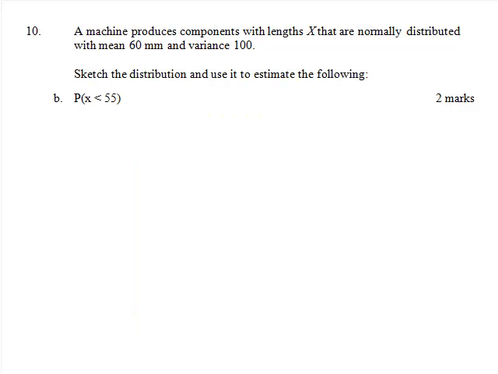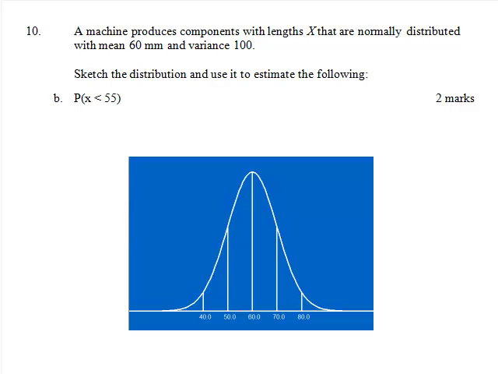Part B. What is the probability that x will be less than 55? 55 is here, so we're going to get 2% plus 14%, that's 16%, plus a bit less than half of this region. This is 34%, so half will be 17%.